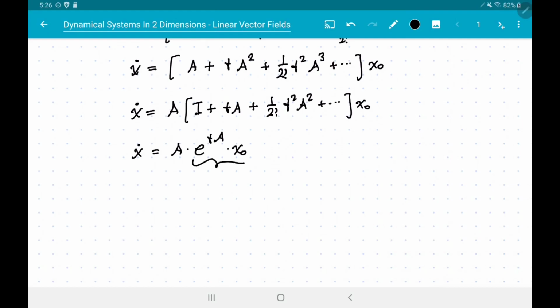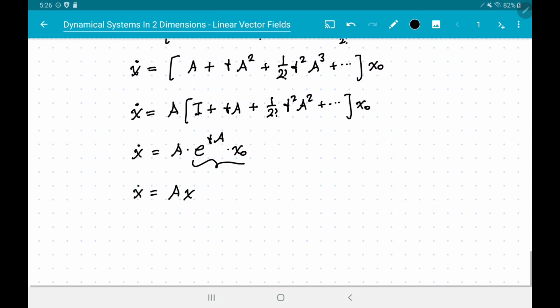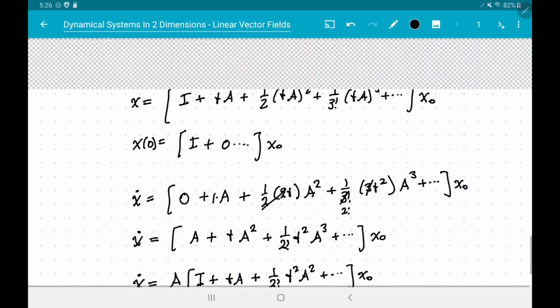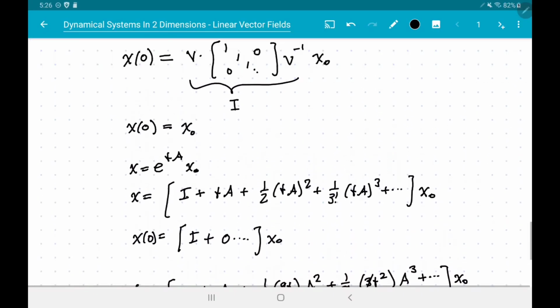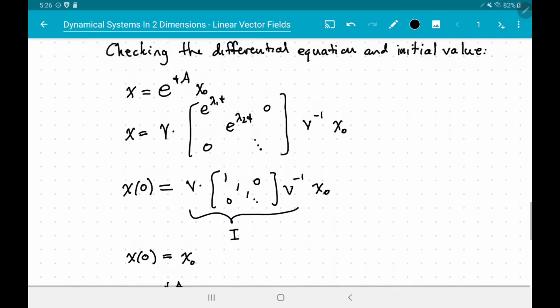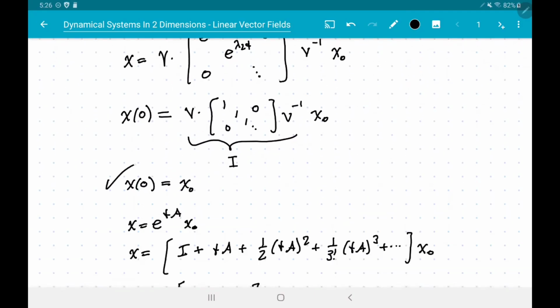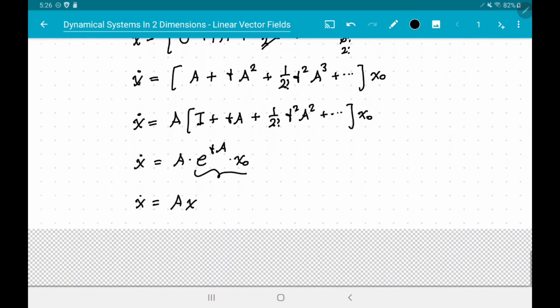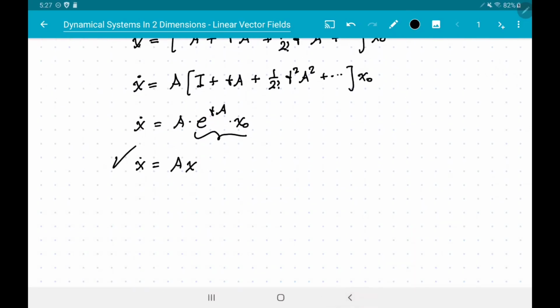And that part, e to the ta times x sub 0, is just x. So that's how you can check that e to the ta satisfies the initial condition. That's right here. The initial condition checks out, and also the differential equation.